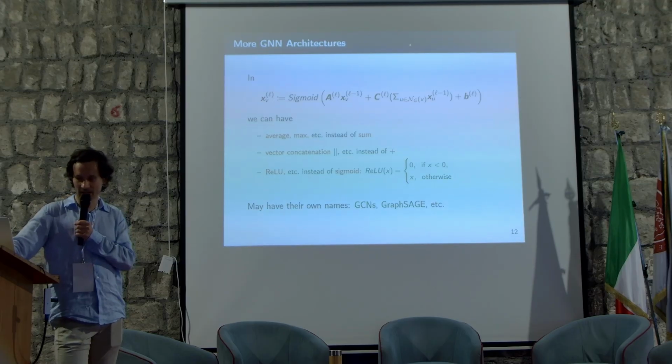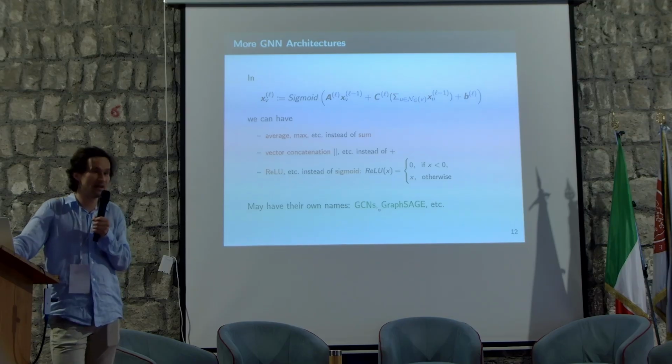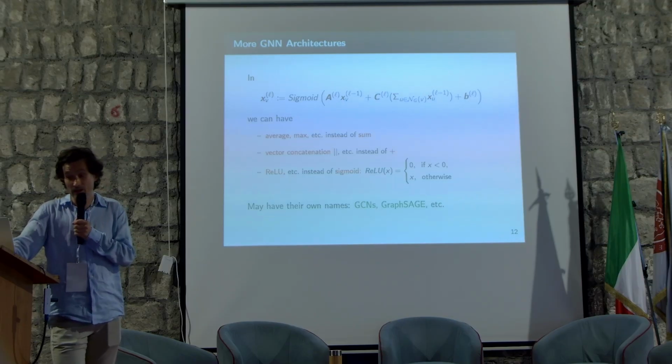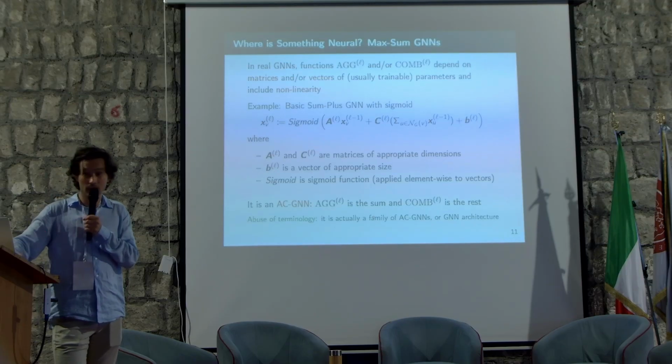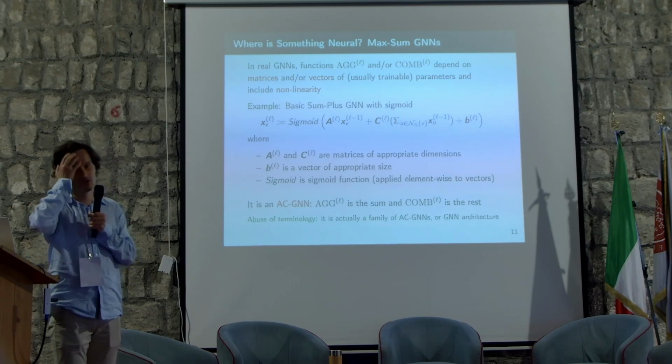These different architectures may have their own names, maybe GCNs, which stands for graph convolutional networks, which I don't like this name, but it is very popular, or GraphSAGE, or many other things. Just to make it clear, what is a GNN? People mean different things, but this is the same as usual neural networks.